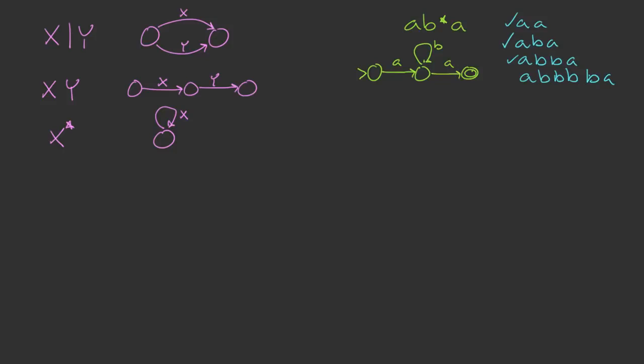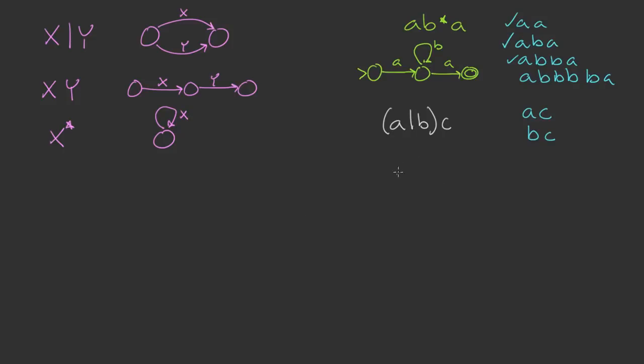Let's do another example. Let's say we have to do A or B, followed by a C, and I've got parentheses here meaning that this goes as a group. A couple example strings would be, actually there's only two here. It can only be A, C or B, C. Those are the only two strings that this regular expression accepts.